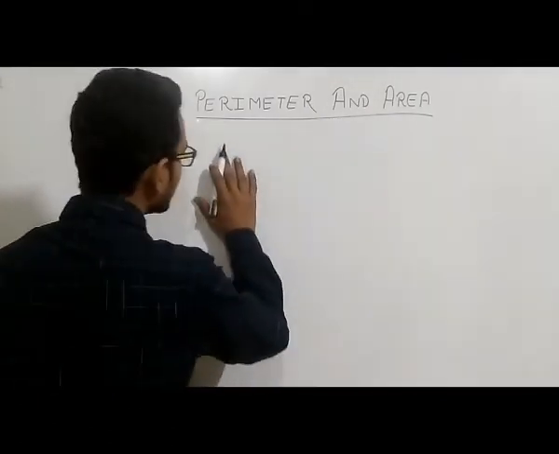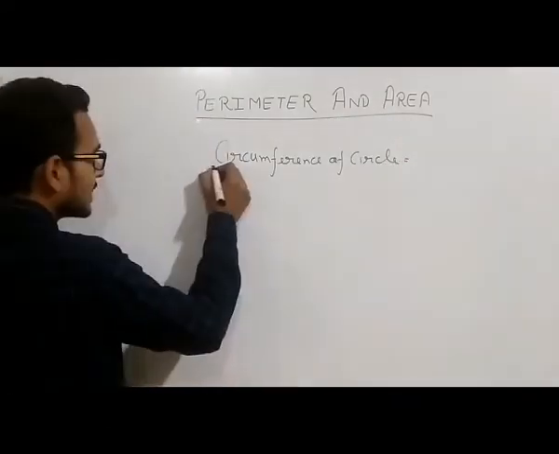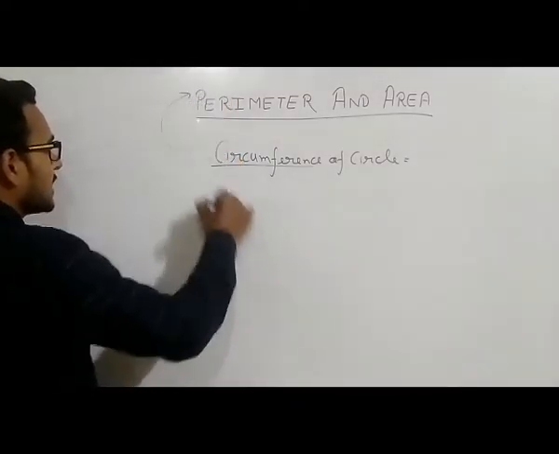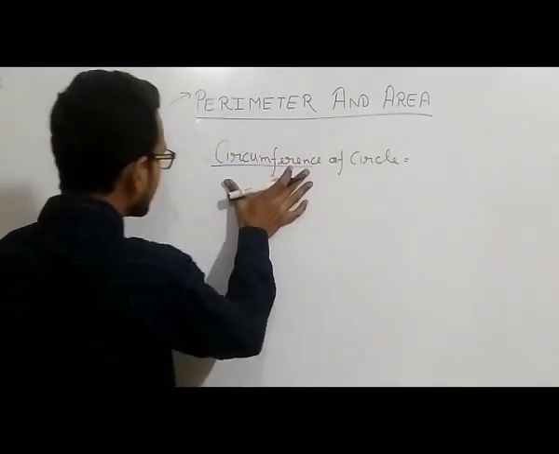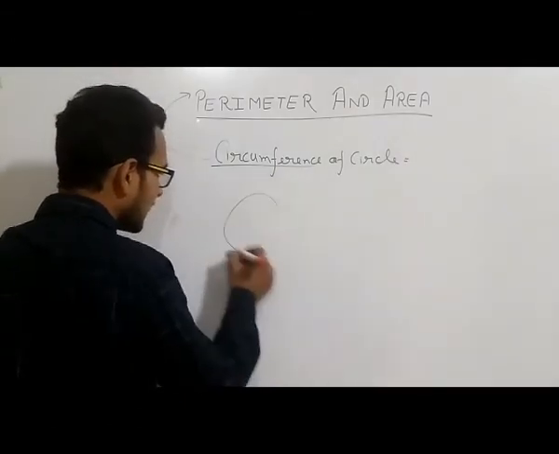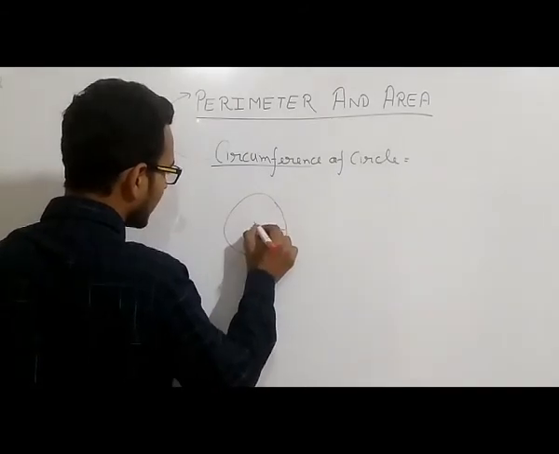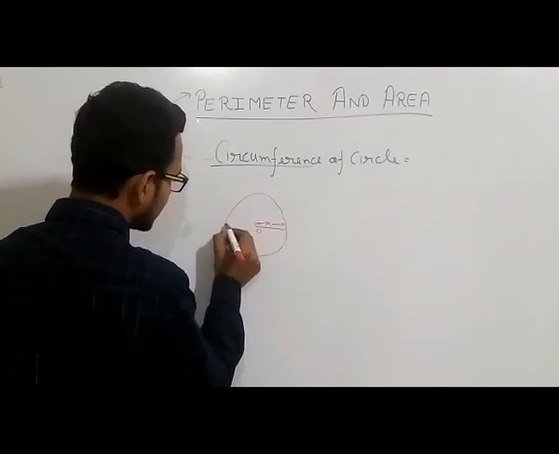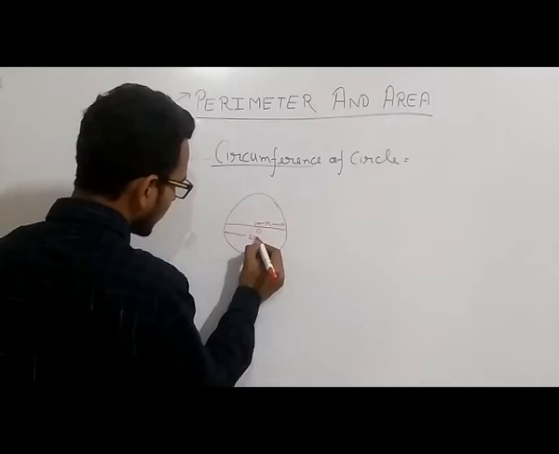Let us find out the circumference of a circle. First of all, what is the circumference? Circumference is also the perimeter, but for a circle, the perimeter is known by the special name circumference. Here, a circle of center O, radius small r, and the double of the radius is known as the diameter or 2r.